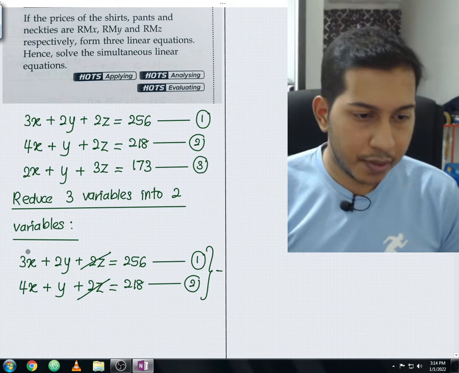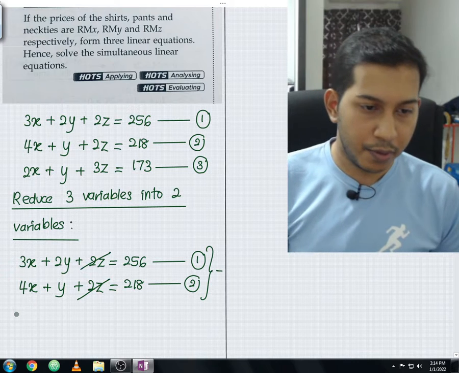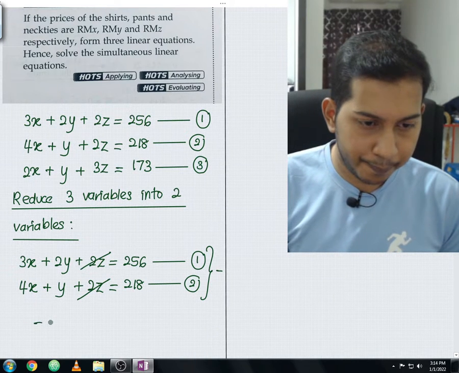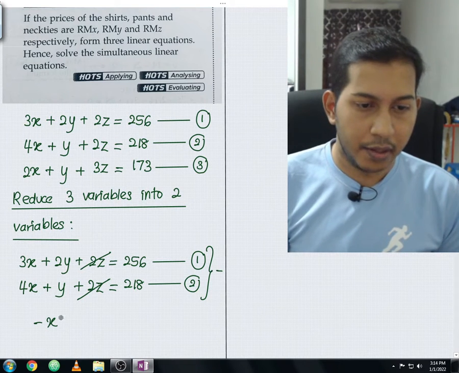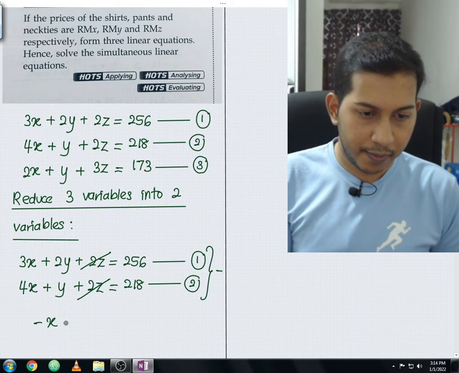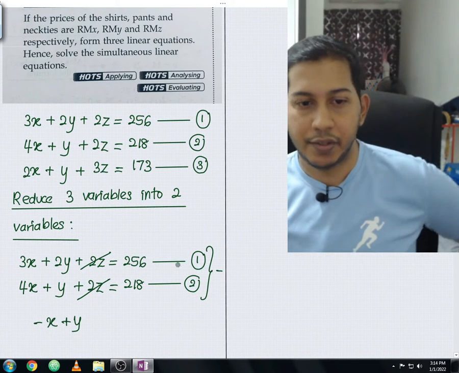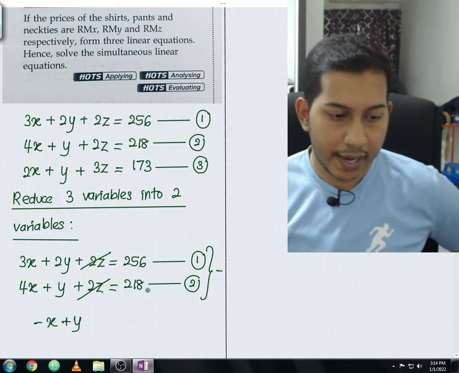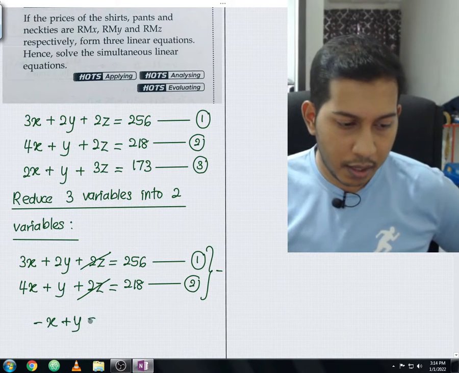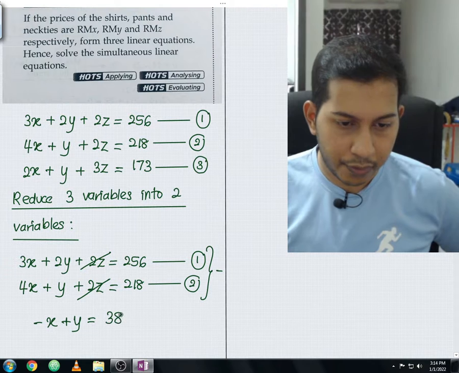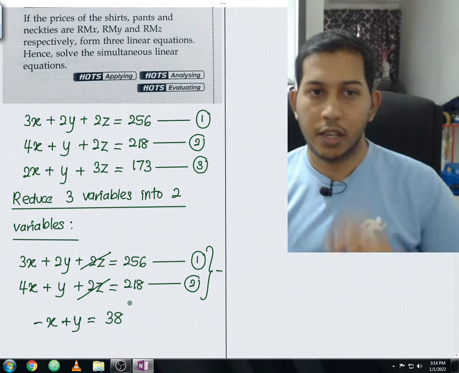So from here 3x minus with 4x, you get negative x. 2y minus with y, you get positive y. 256 minus with 218, you get 38. So from here you get negative x plus y equals to 38. So this equation will be your 4th equation.